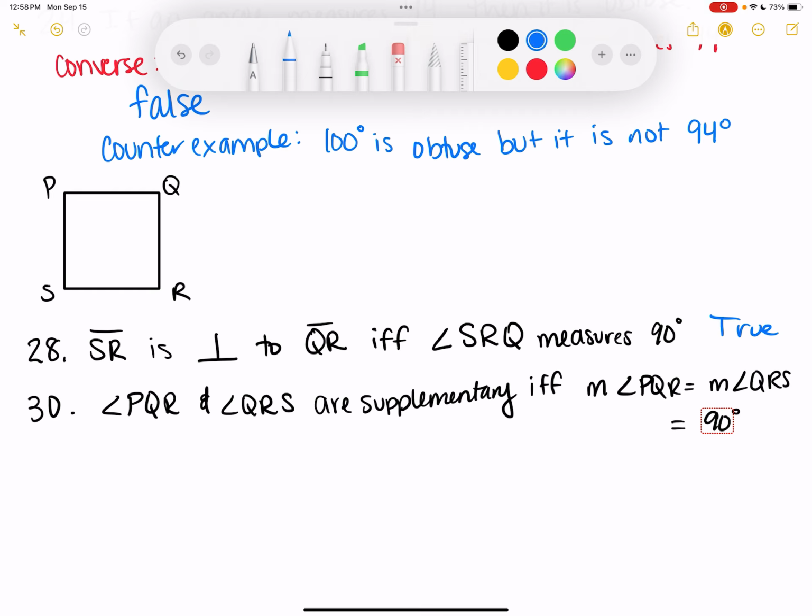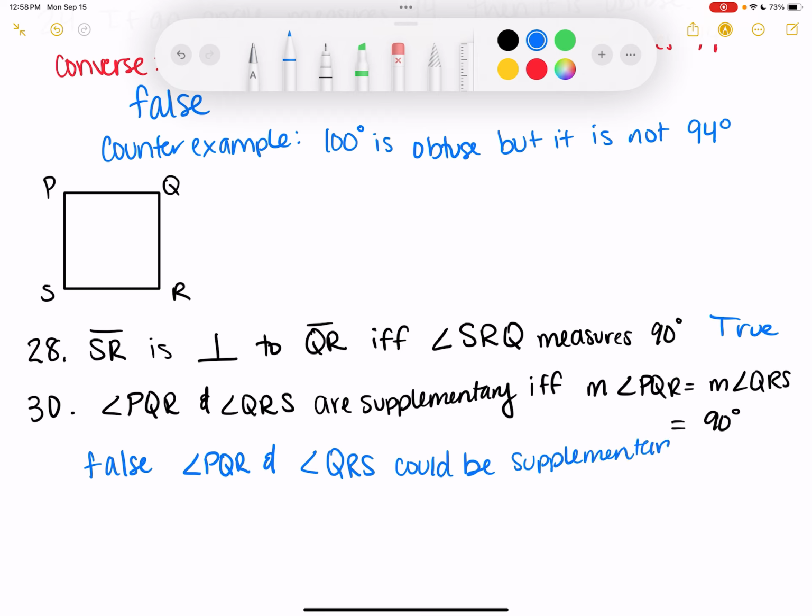False. Angle PQR and angle QRS could be supplementary if the measure of angle PQR is, say, 85 degrees, and the measure of angle QRS is equal to 95 degrees, because that would still add up to 180, right?